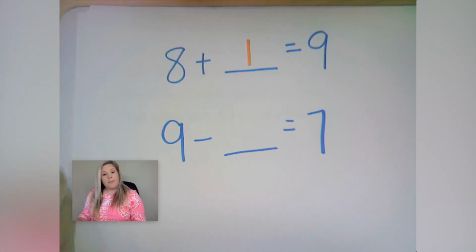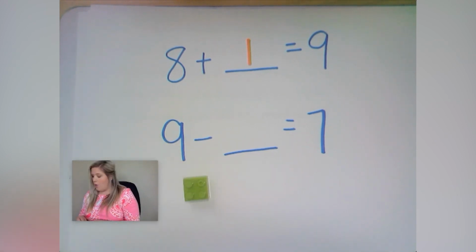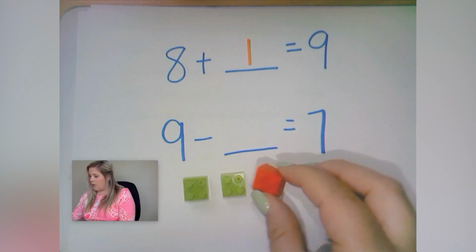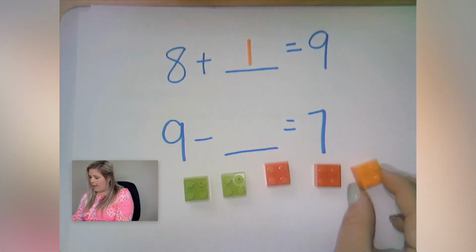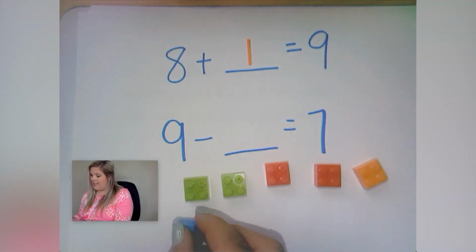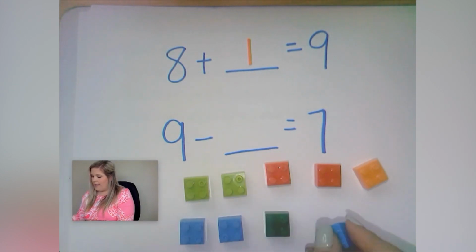So my first step is going to be to lay out my 9 counters. 1, 2, 3, 4, 5, 6, 7, 8, 9.